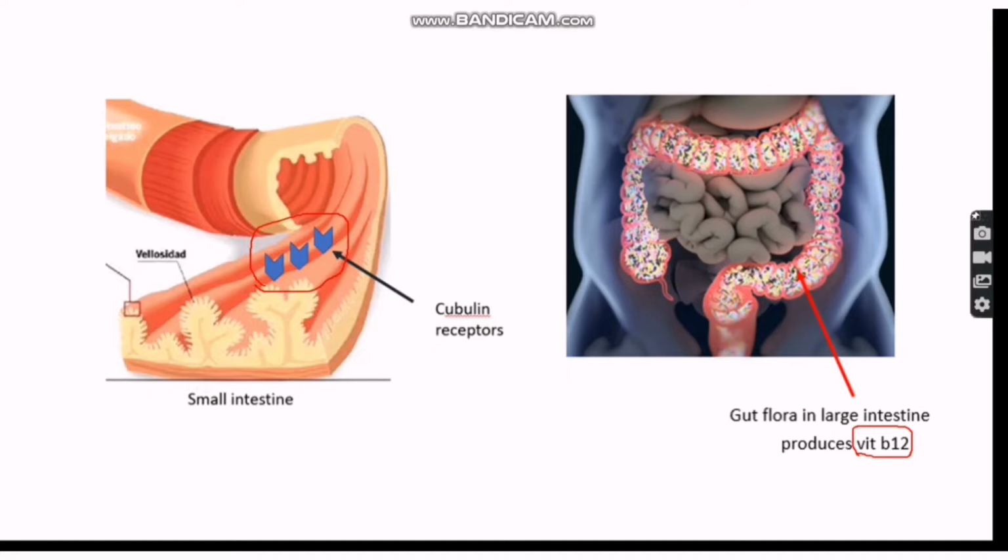So that's why vitamin B12 produced by gut flora in our body is not able to be absorbed. It is useless because its receptor, known as the intrinsic factor receptor, the vitamin B12 receptor, is present in the small intestine.